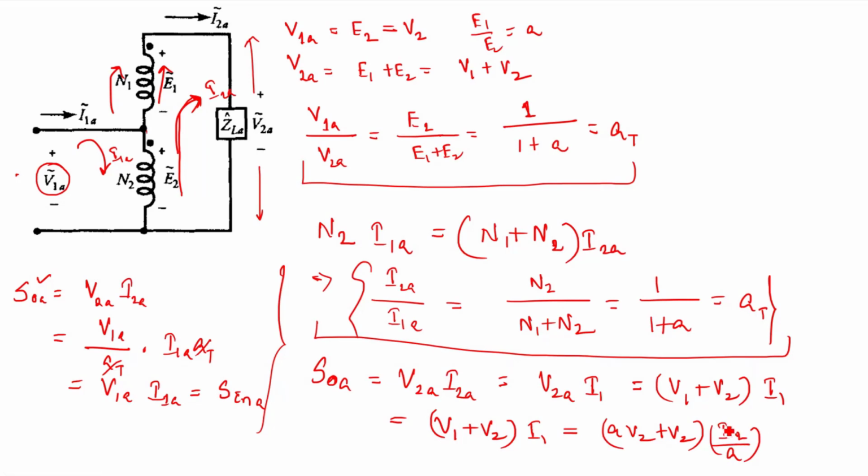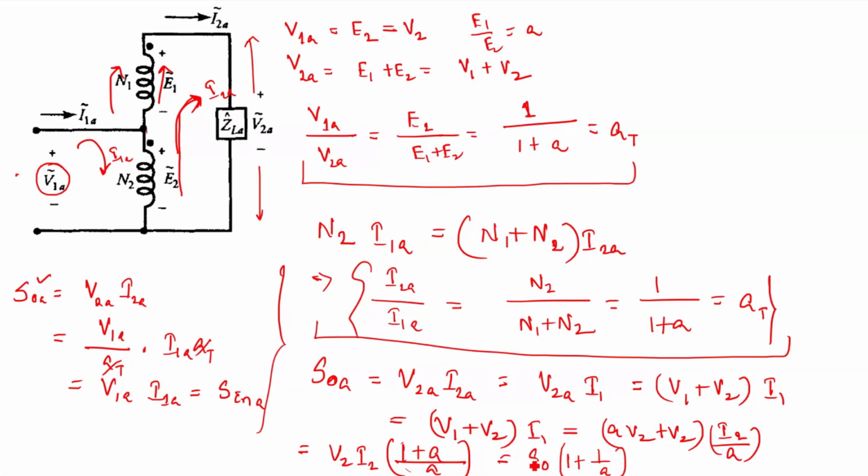I2 by I1 equal to A, therefore I1 equal to I2 by A. So I can write this equation as V2 I2 into 1 plus A by A. So I can write it as SO into 1 plus 1 by A. So the same relationship we got.